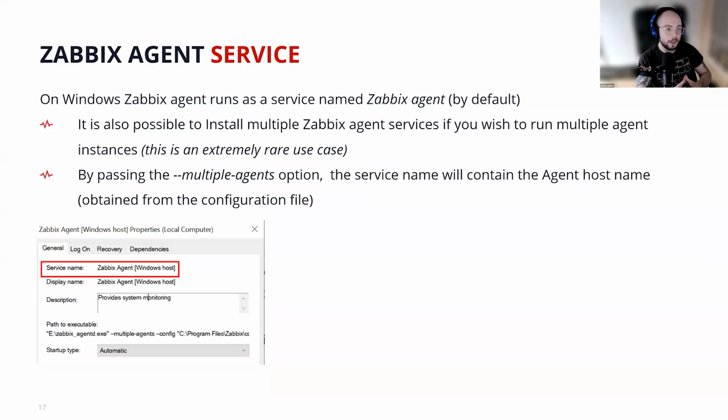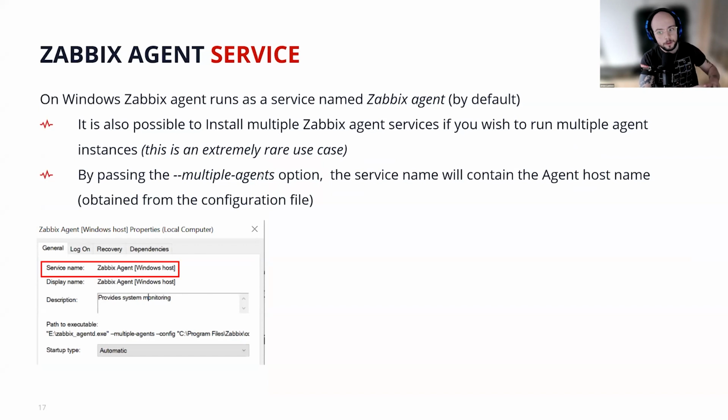Once we have installed it, we will see that we have a new service. We have a Zabbix agent service. Zabbix agent runs as a service on Windows. By default, it's named Zabbix agent. If for some reason, which is an extremely rare use case, we wish to install multiple Zabbix agents, we can do so. And in that case, we have to pass the multiple agents option when we're installing the Zabbix agents.